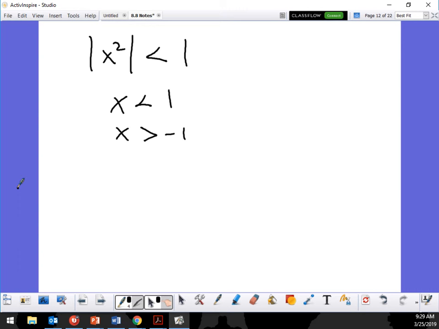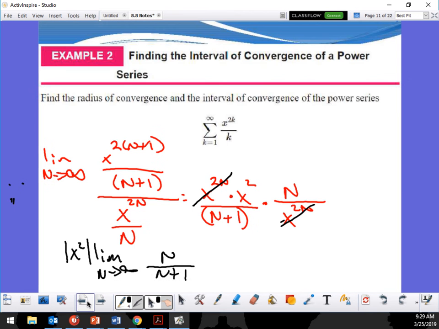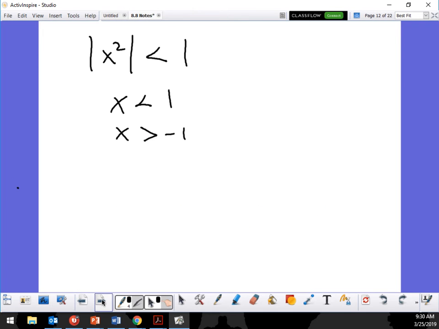All right, so let's see. Going back to my problem right here, for this one, what is my convergence going to be? It looks like if I have my number line, -1 and 1, right? So we have to test. What am I testing?